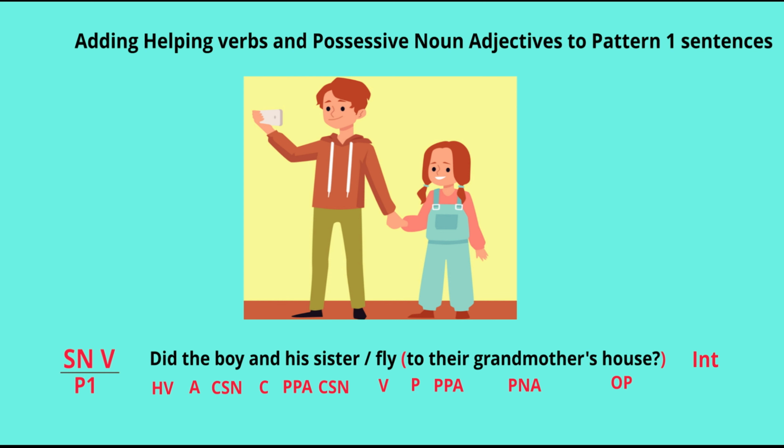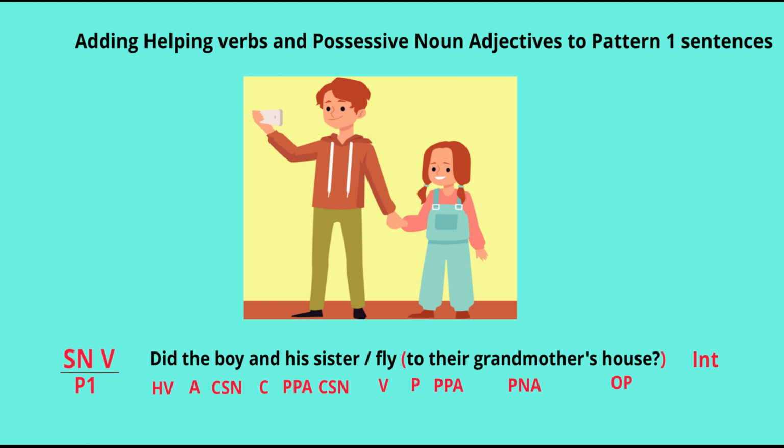Now let's try adding helping verbs and possessive noun adjectives to pattern one sentences. In the image you can see a boy and his sister. Did the boy and his sister fly to their grandmother's house? Did is the helping verb. We have already learnt about it in the helping verbs video, right? The is the article adjective. Boy and his sister. We are talking about both the boy and sister.